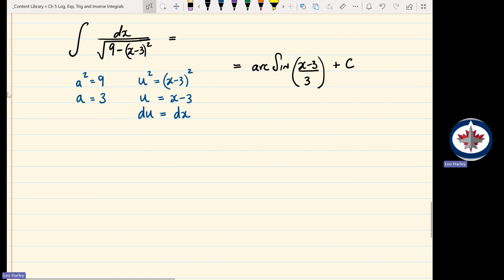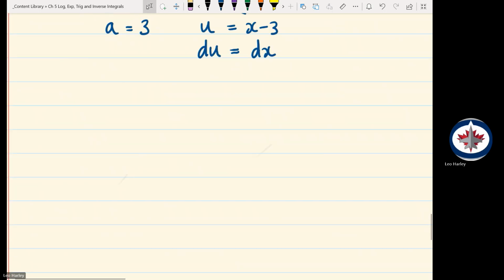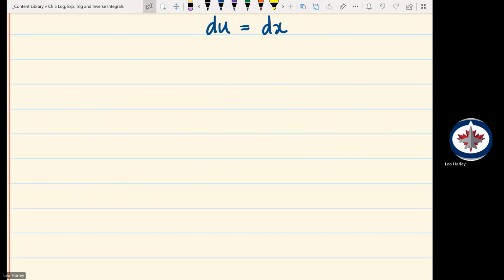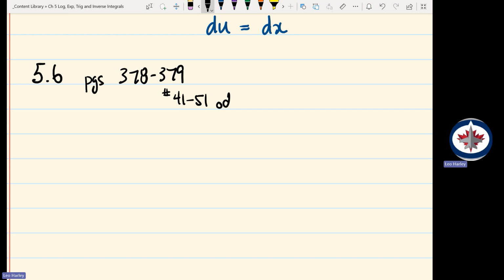Here's your homework. We're stealing pieces from two different sections. So 5.6, pages 378 to 379, and they are questions numbers 41 to 51, odd.